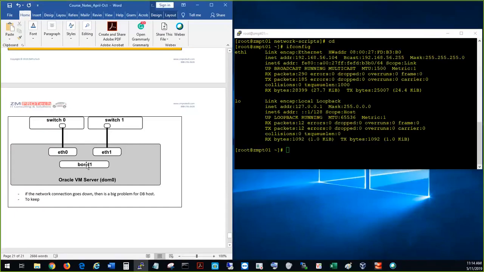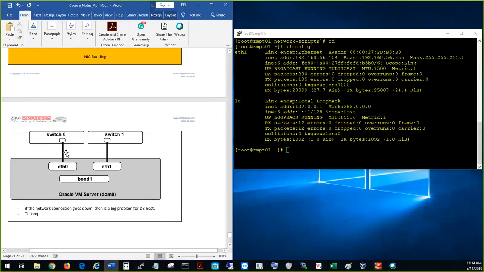Okay, so this is a perfect picture here. The bottom rectangle is a big rectangle, a server, and it has two interface cards, ETH1 and ETH0, and they are bonded together with one virtual Ethernet card.